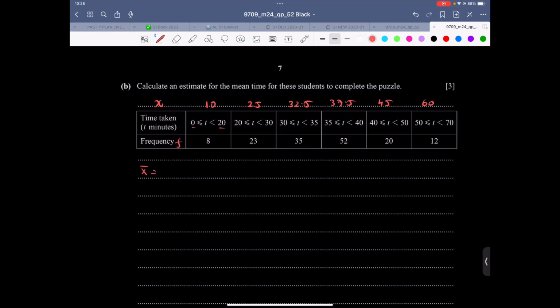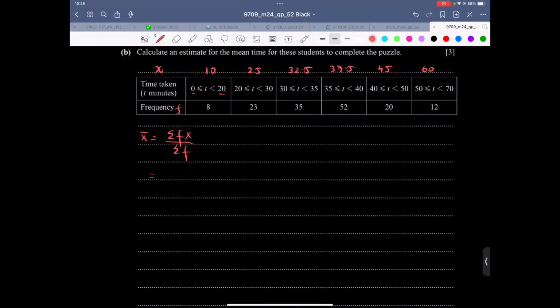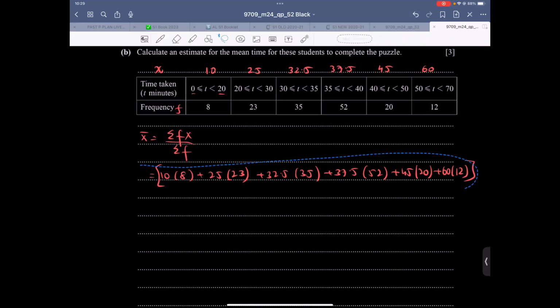So x bar is sigma fx over sigma f, which is 10 into 8, 25 into 23, 32.5 into 35, 37.5 into 52, 45 into 20, 60 into 12, everything added together.